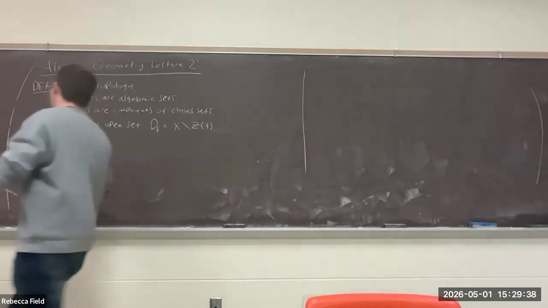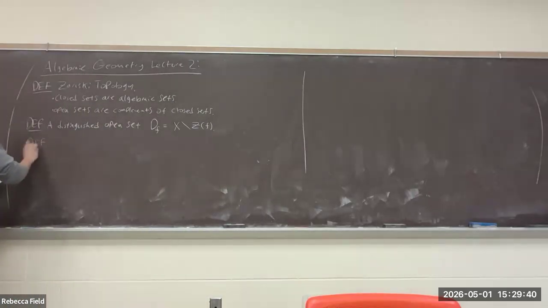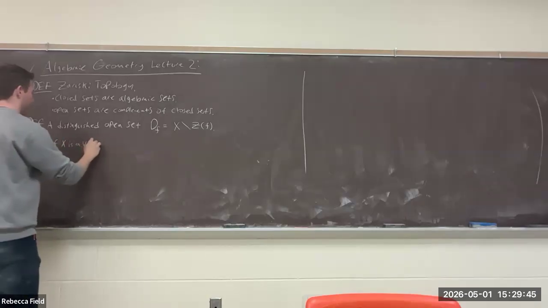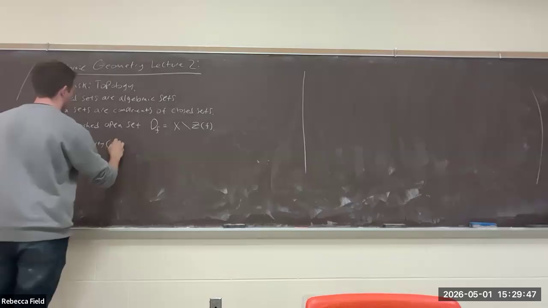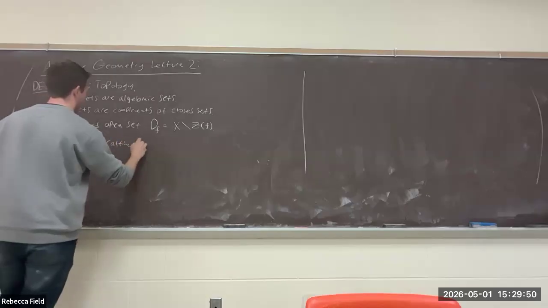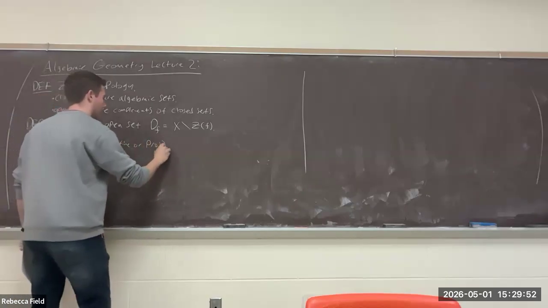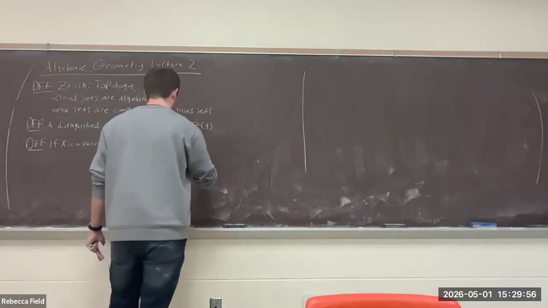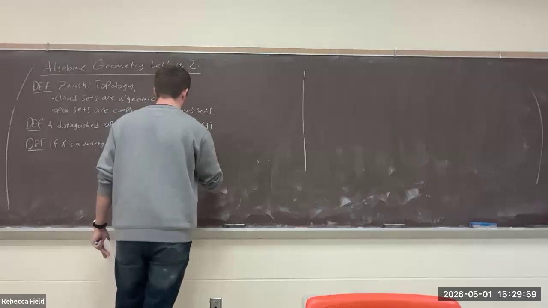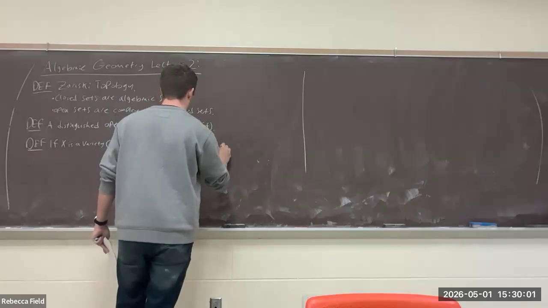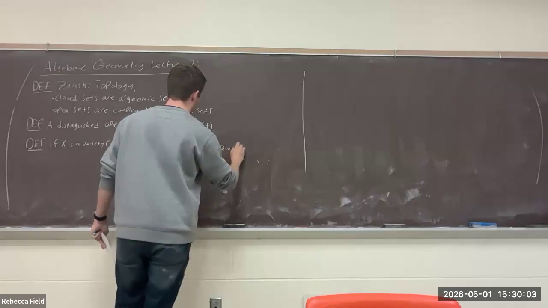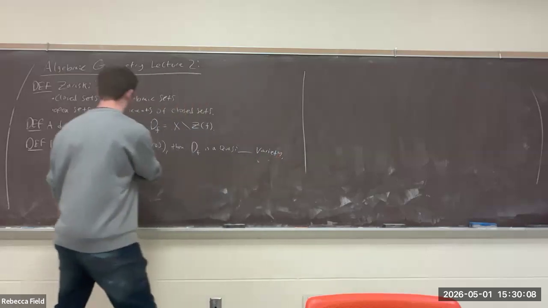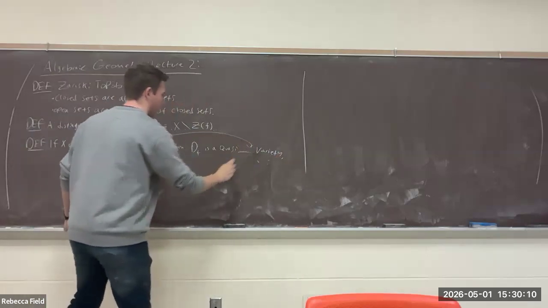So, definition: if X is a variety, affine or projective, then DF is a quasi-whatever-it-is variety, so either an affine or projective variety.